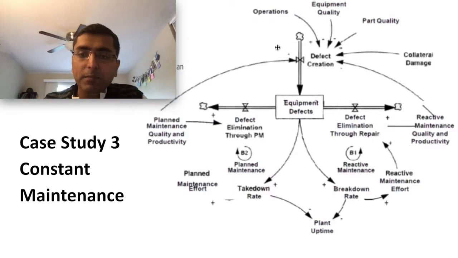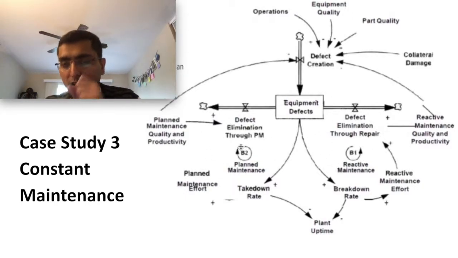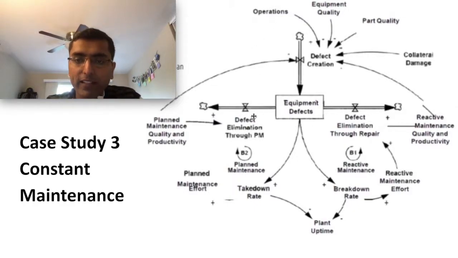So they created this model in which there were various systems at play: proactive planned maintenance, reactive maintenance, and defect elimination through proactive maintenance and through repair. So there are two different flows in which a defect is fixed, either through proactive elimination or reactive maintenance.